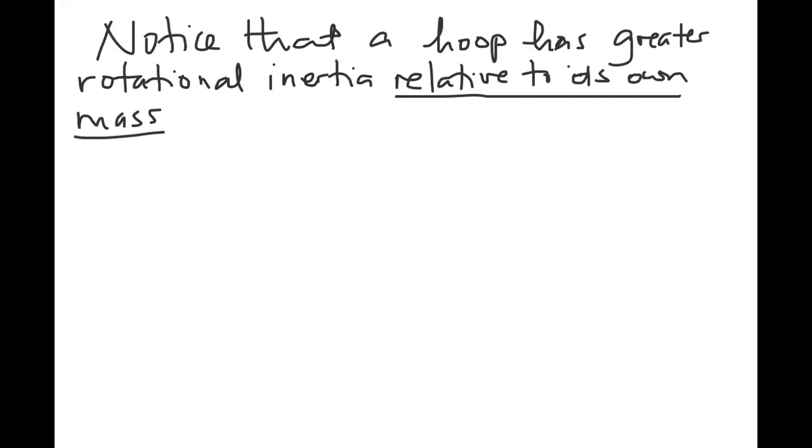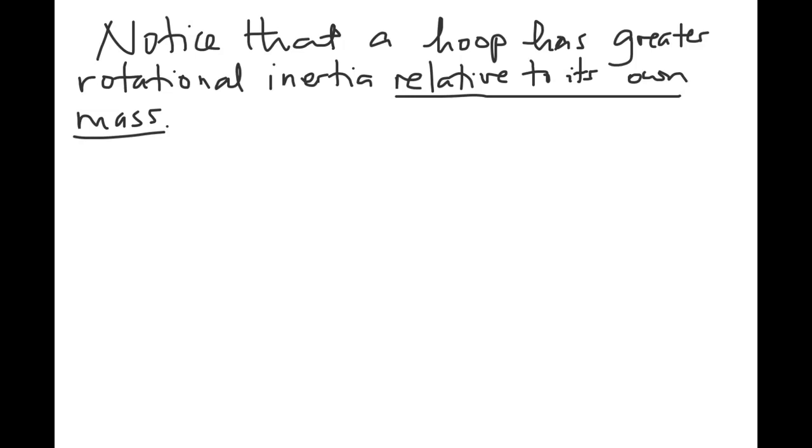Because most of the mass of the hoop is distributed away from the axis of rotation, a hoop in general has rotational inertia that is larger. Remember, when most of the mass is distributed away from the axis of rotation, rotational inertia is larger.